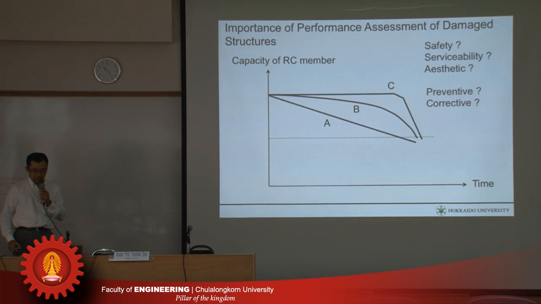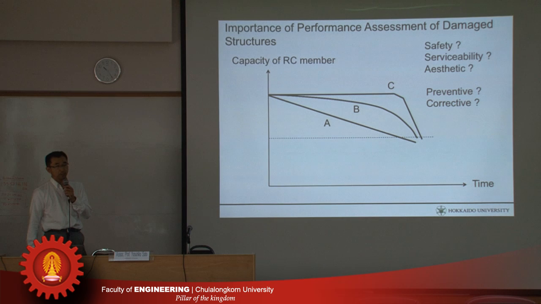But the diffusion coefficient D itself, of course, cannot explain the actual performance of structures. Here you can see the capacity of the RC member, and this is time. Sorry, this dotted line represents the required level. If the actual performance is over this line, it's okay, safe, of course.